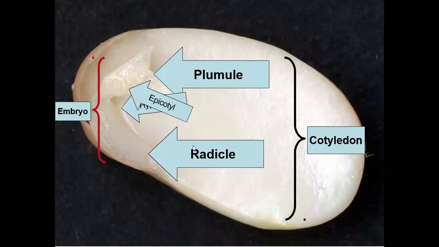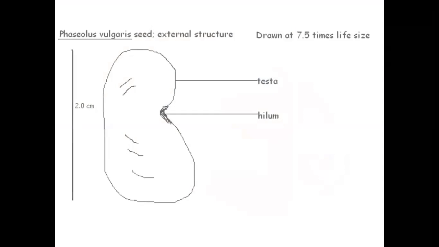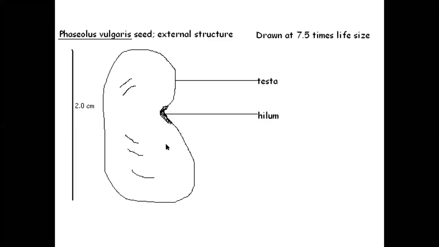Then from here a radical will develop and plumule also develops. A radical is the part of the embryo from which roots will develop. Plumule is the part of the embryo from which the shoot will develop. This is the general structure of a seed.